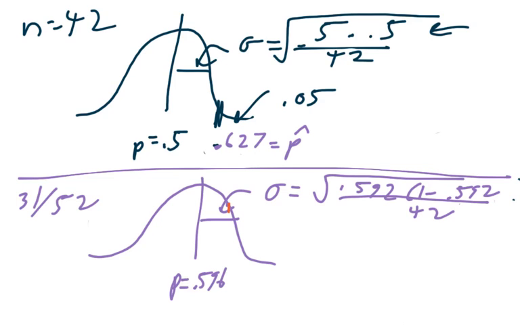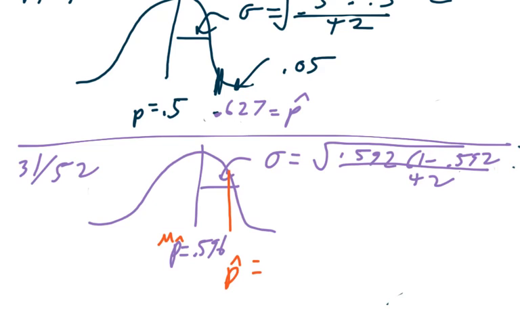And this time, this was mu of p hat, p hat turns out to be 0.627 when we split it up.